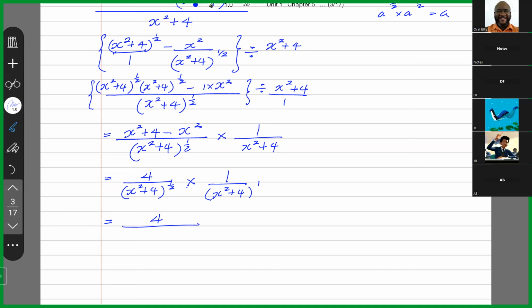And at the denominator now, (x squared plus 4) to the half power times (x squared plus 4) to the power 1 becomes (x squared plus 4) to the half plus 1. Your final answer is 4 over (x squared plus 4) to the 3 over 2. Sorry, so 1 plus a half is 1.5, and 1.5 is the same as saying 3 over 2.